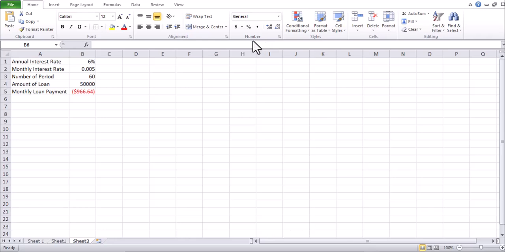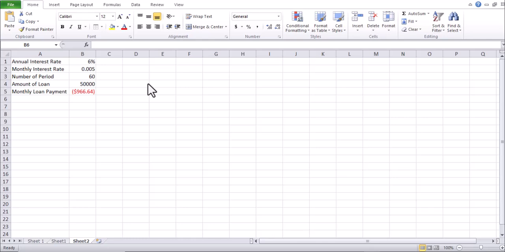Somebody might be asking, why is it in red? Because you received the money already, which is an inflow of money, and now your monthly payment is going to be an outflow of money. It's like a deduction from the actual amount that you had. That's why you can see the monthly loan payment is in red.